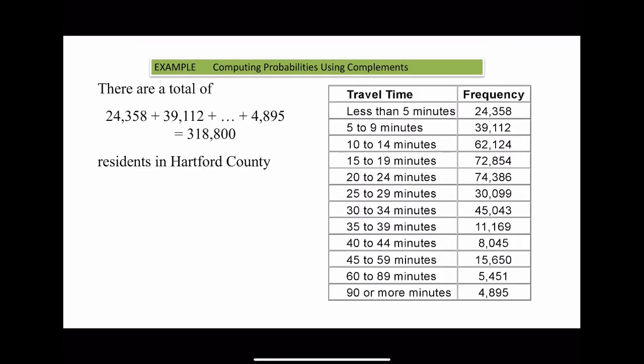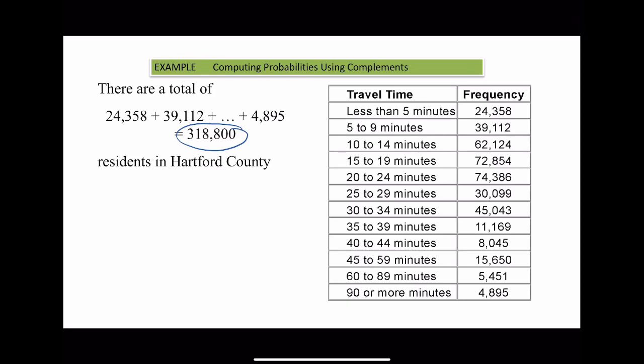I would like you to try this one, just one moment. I added all of these together, so there are a total of 318,800 residents in Hartford County. This table tells me how many people have these different commutes.